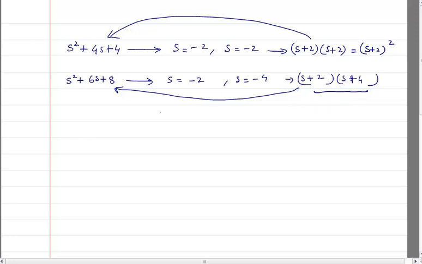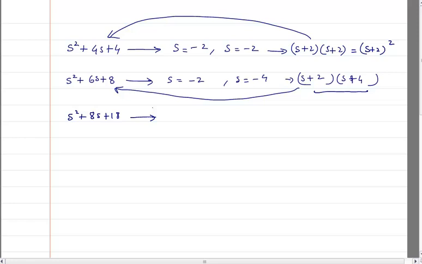For example, suppose you have something like s square plus 8s plus 18. In that case, if you try to find the value of the two poles, you will get a complex answer. How?